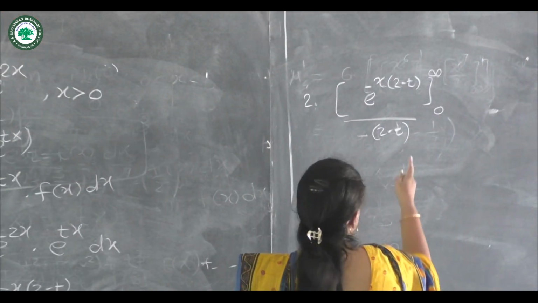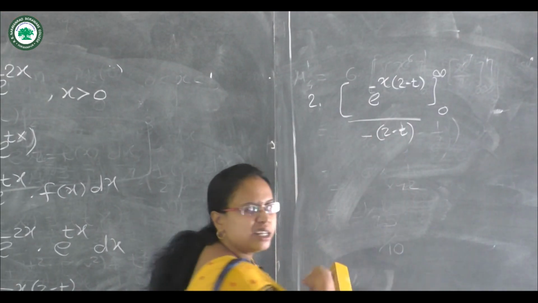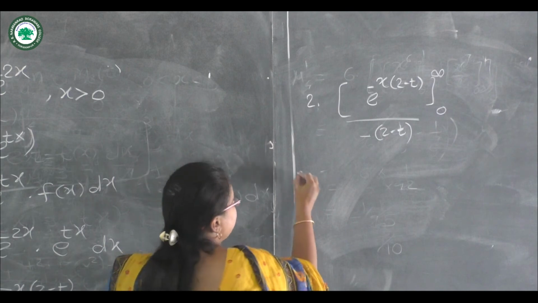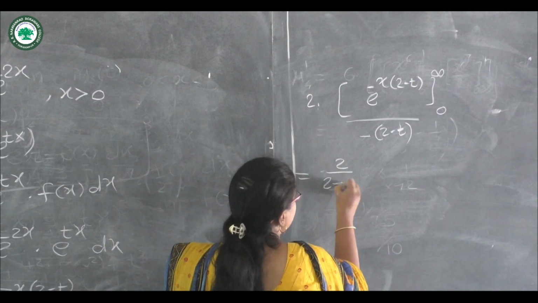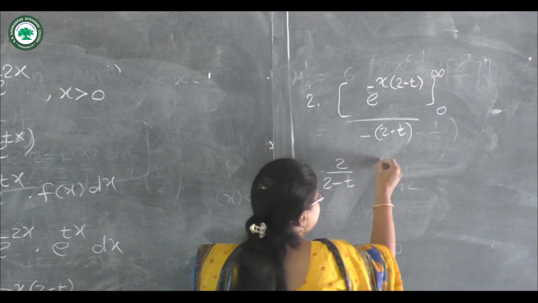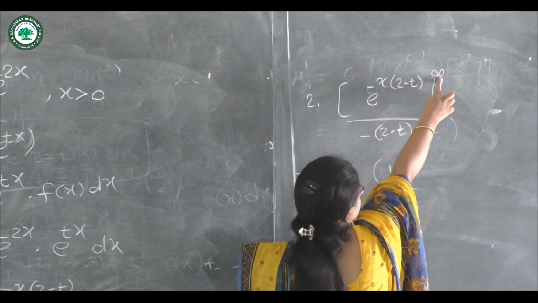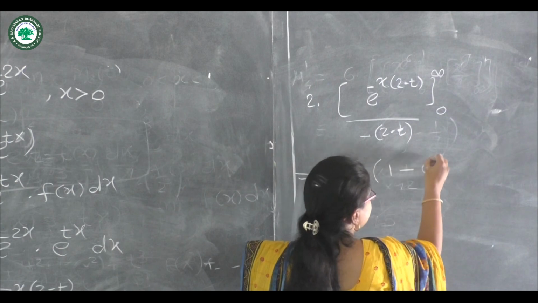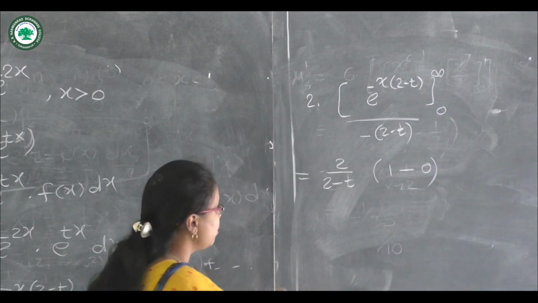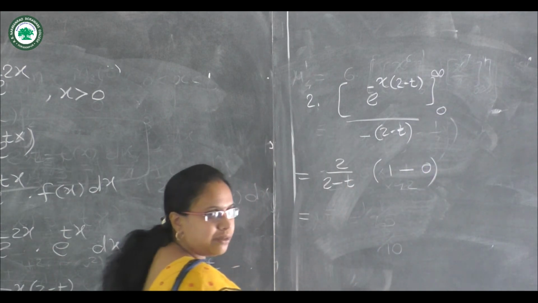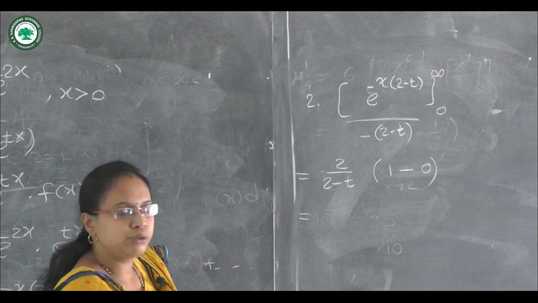For that minus sign, I will inverse the upper limit and lower limit. Here it will be 2 upon 2 minus t, in bracket e raised to 0 is 1 and e raised to minus infinity is 0, that we know. Then I am left with the answer 2 upon 2 minus t.